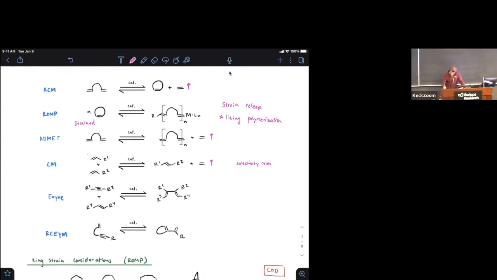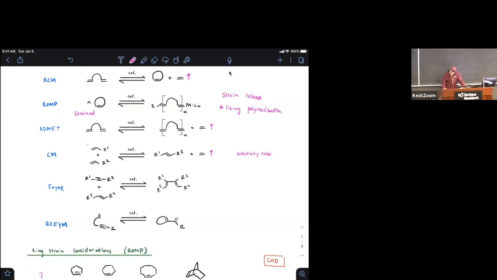Okay, we talked about ADMET. Cross metathesis is analogous to a cross coupling. Two different olefins, and the key here is selectivity control. How do you get only the R1, R2 product and not the R1 homodimer or R2 homodimer? There are some selectivity rules here that we'll discuss towards the end of class. But if you have unbiased olefins, then you can imagine that you'll get a statistical distribution.